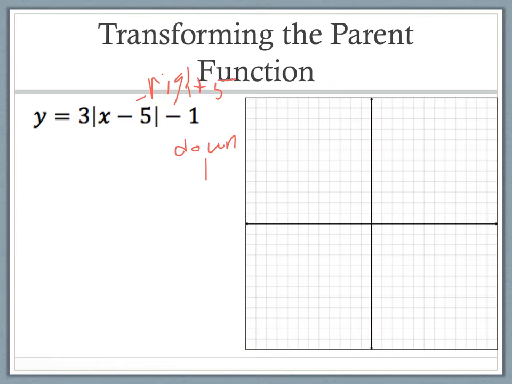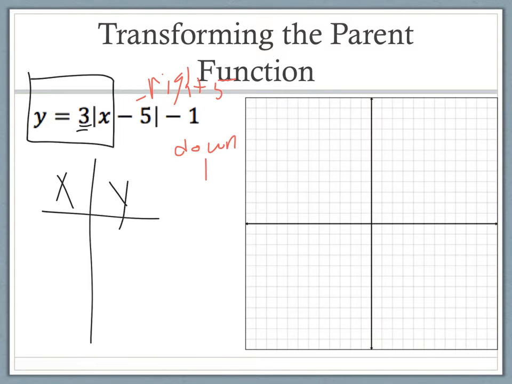Then I always like to put this part in a little box because that tells me, hey, I have an a value of 3. That's going to help us when we make our table. So I'm going to make our table just like we did on that first slide: -2, -1, 0, 1, 2 for my x values. And then the absolute values of those are 2, 1, 0, 1, 2.